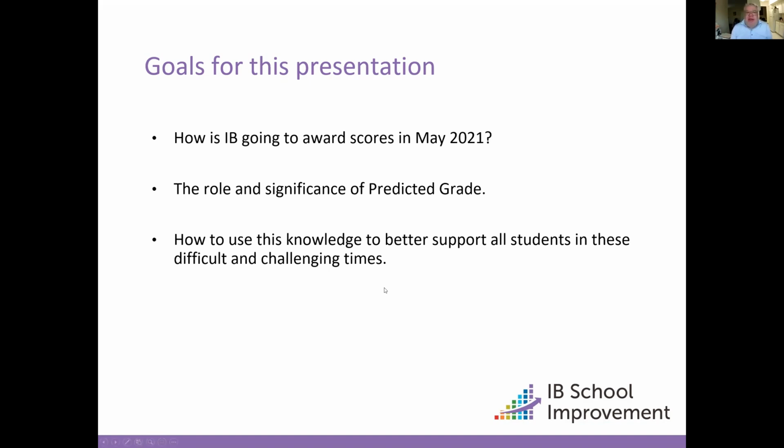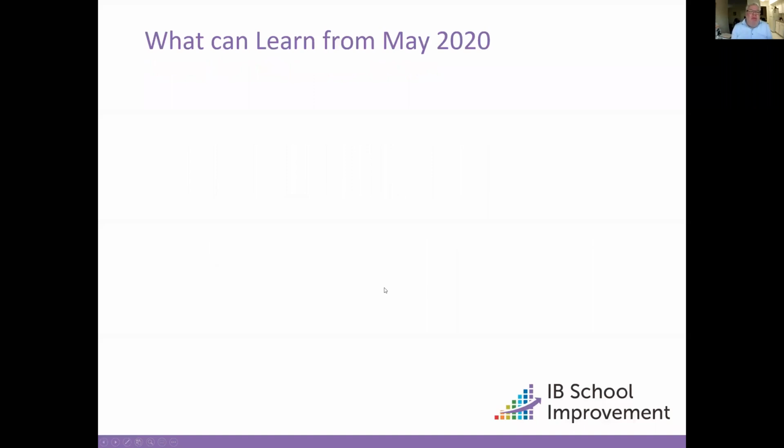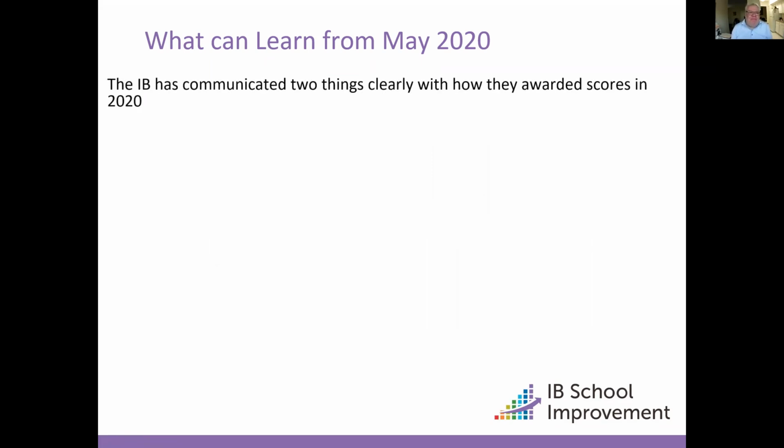So let's begin with number one. What did we learn from last year? What did we learn from May of 2020? The IB communicated two things clearly when they awarded scores in May of 2020.